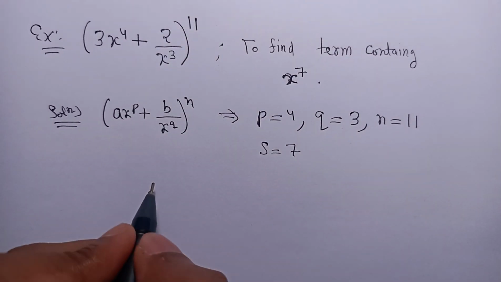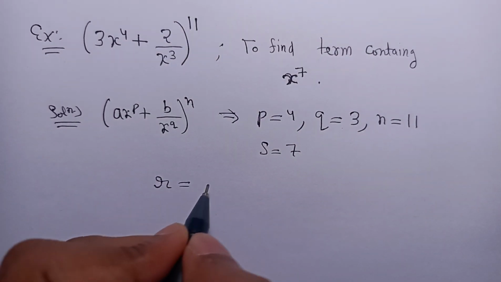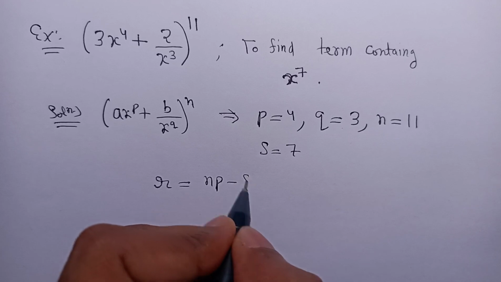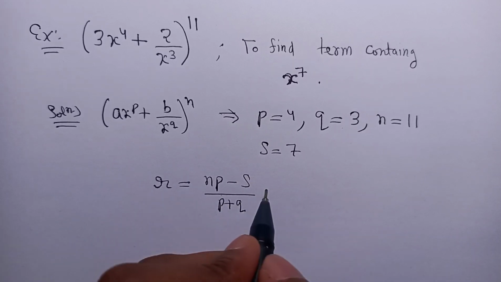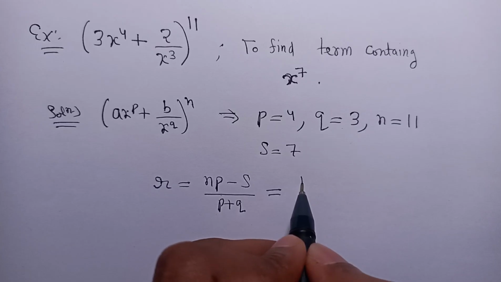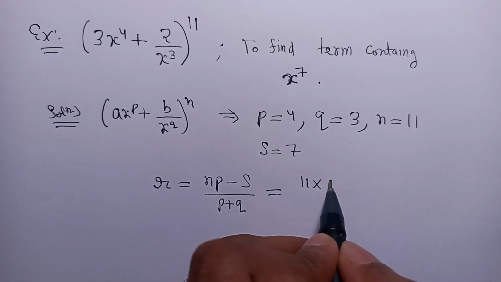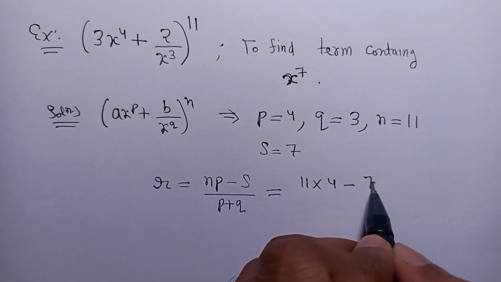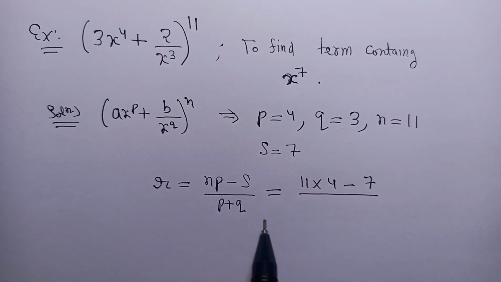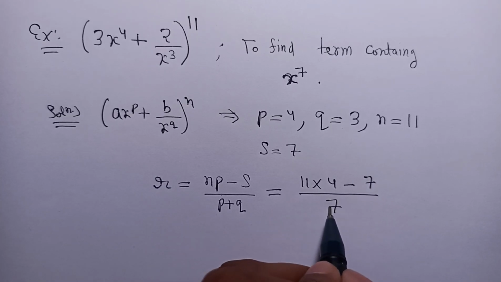So applying the formula r equals (np minus s) divided by (p plus q). When you put in the values, you have 11 into p value 4 minus s value 7 divided by p plus q, which is again 7.